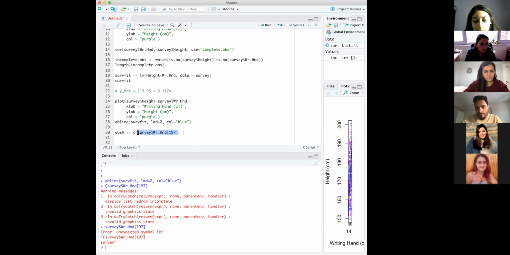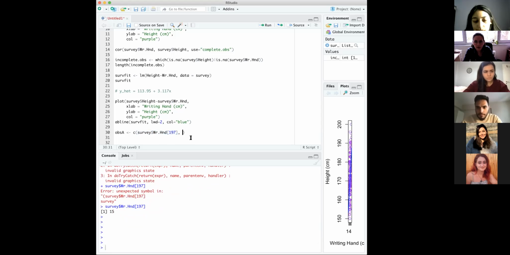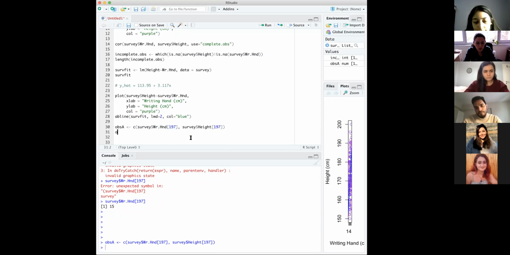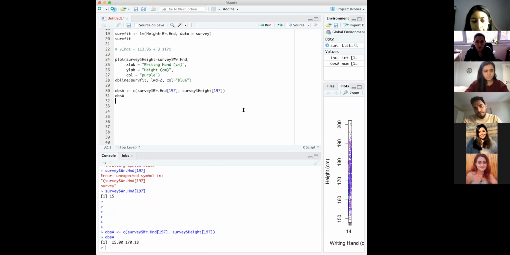You see this is 15. And we also want to choose the corresponding y value, which is our response variable for the same observation, 197. We have our observation A with 2 values of explanatory and response variable.